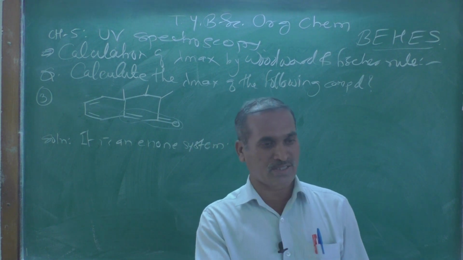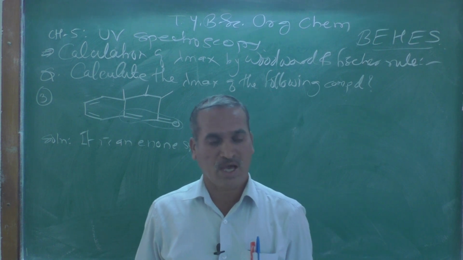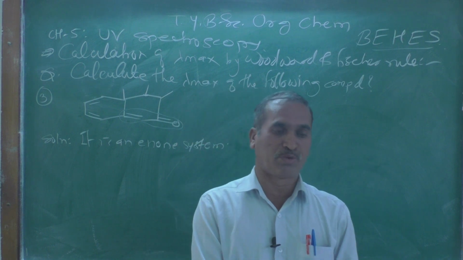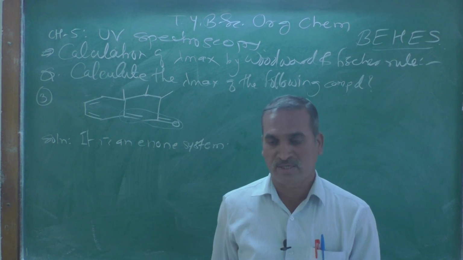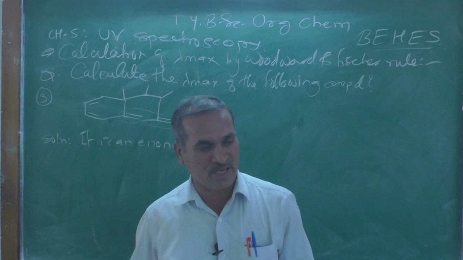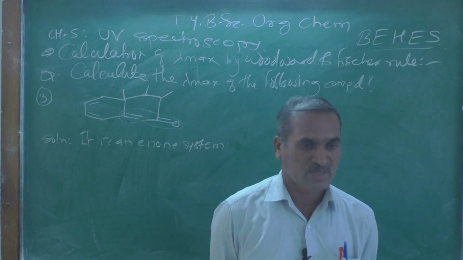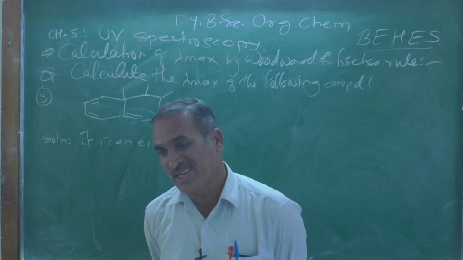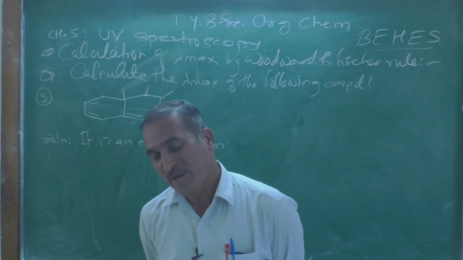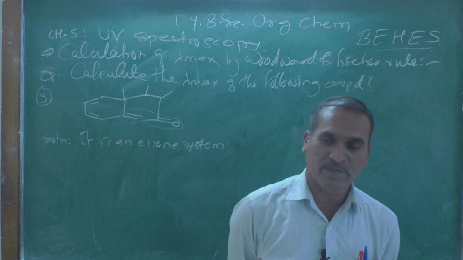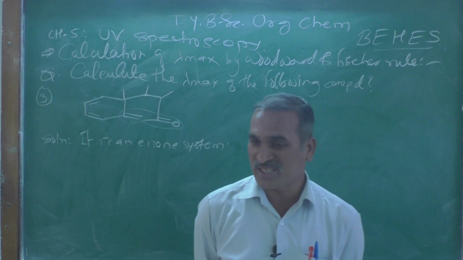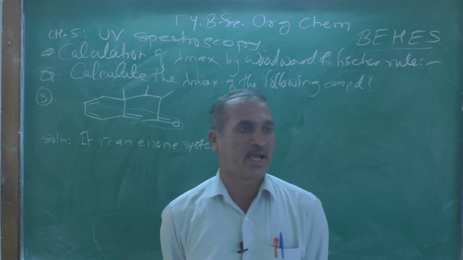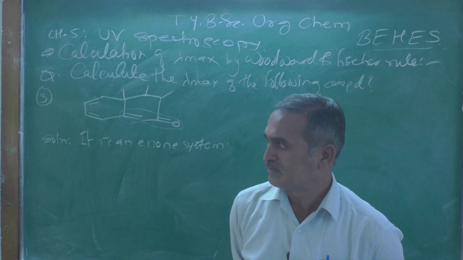If that Z has a hydrogen, meaning an aldehyde group is present, and as we know an aldehyde group is always present at the end of the carbon chain, and it is in conjugation, then the base value should be 207 nanometer.